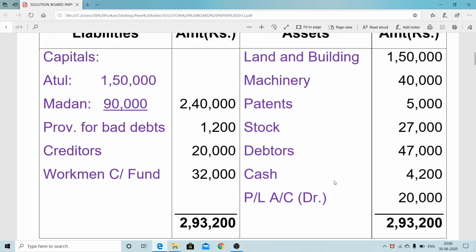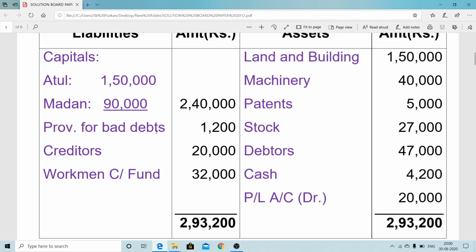So there are two options. One option is that we can deduct the provision for doubtful debt from the debtors, and in our column we can show them as good debtors. But here it is shown as gross debtors, not good debtors, because the respective term is on the liability side, with provision for doubtful debt shown separately.